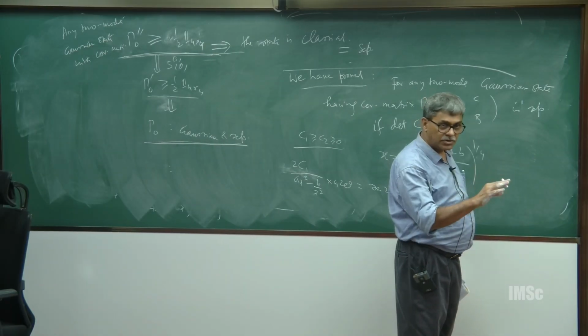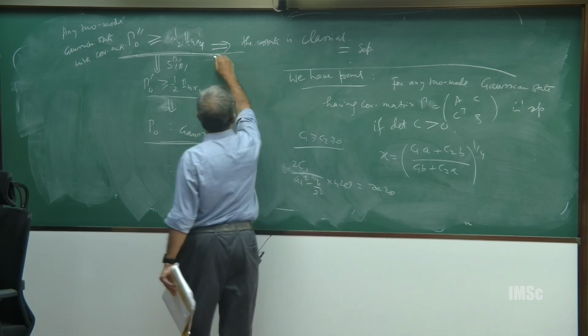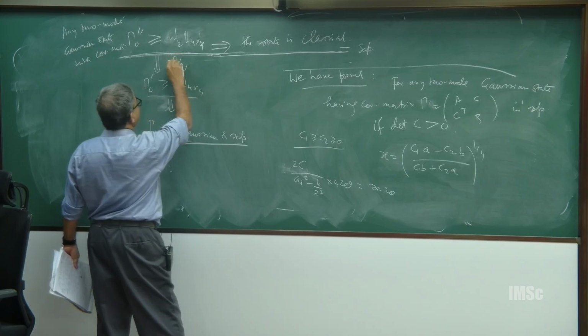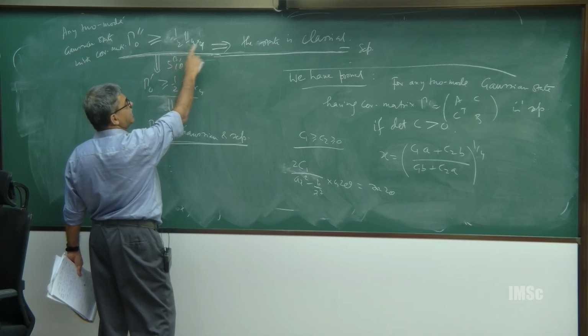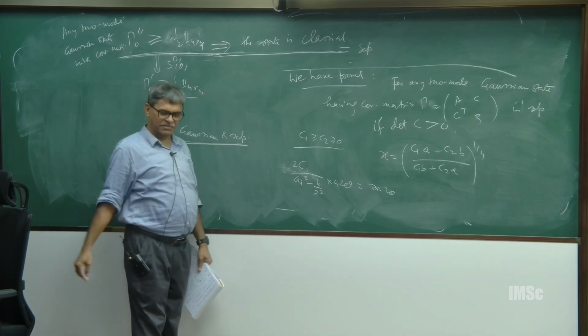This is what we have proved. So, our result is based on this one, that for a 2-mode Gaussian state, if its covariance matrix is greater than equal to half, then the state is separable. I mean separable means classical and therefore separable. Okay.